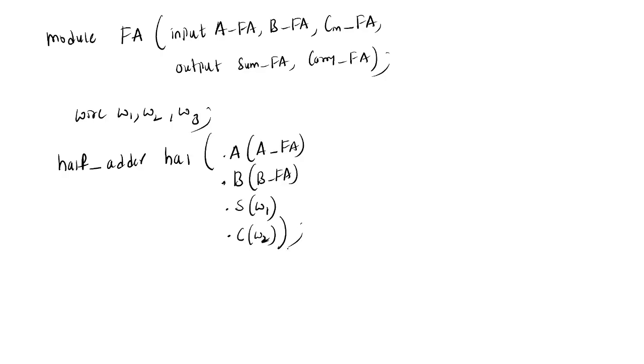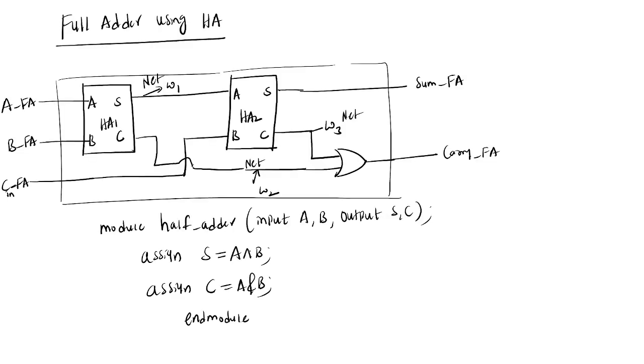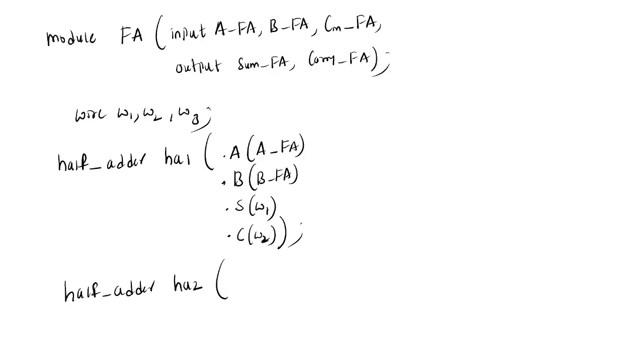Similarly for the second adder, I need to write half_adder HA2. For this HA2, what is the input? Dot A of W1, it is coming from the output.